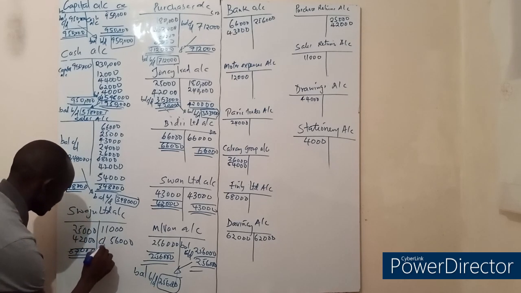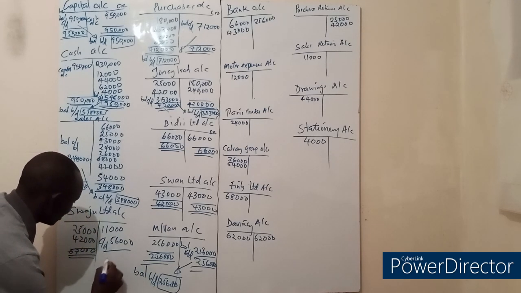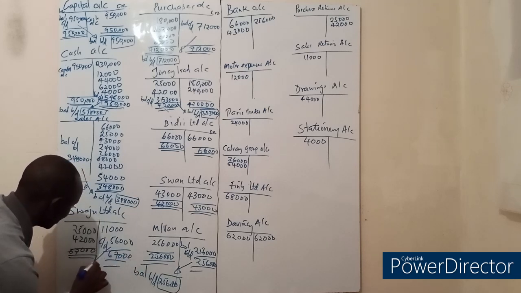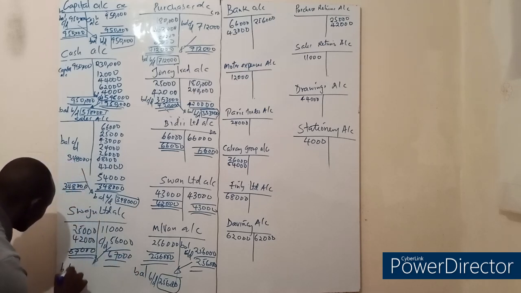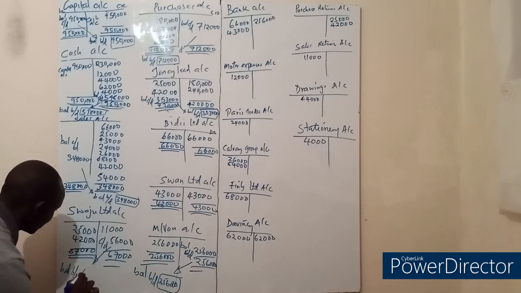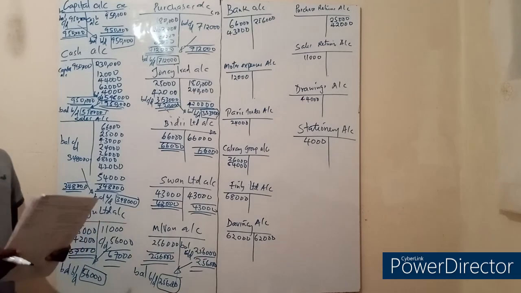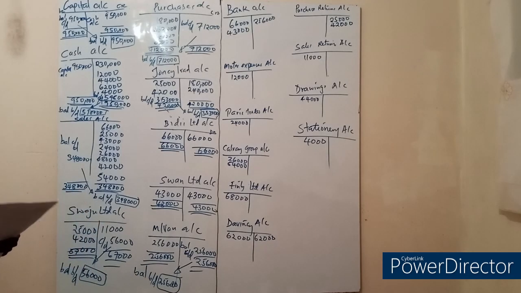So this balance carried down must total to 67,000. Directly opposite, you write balance brought down of 67,000. Are we together? And then you move to the bank account.